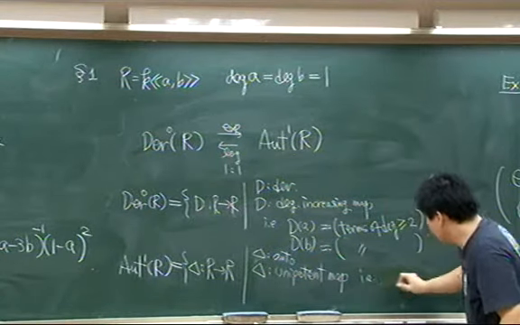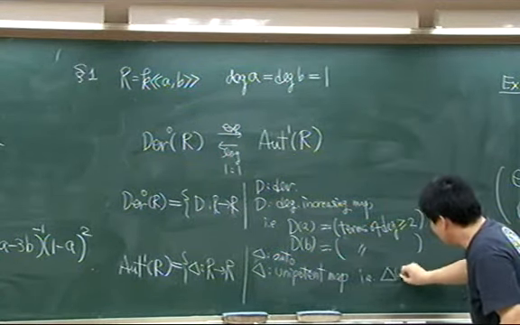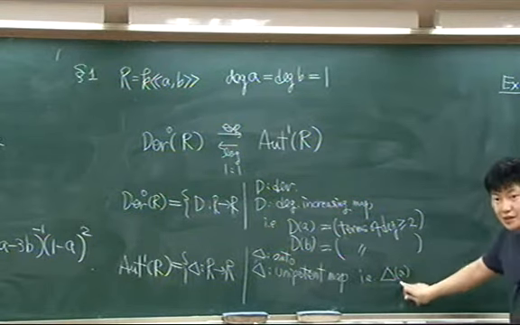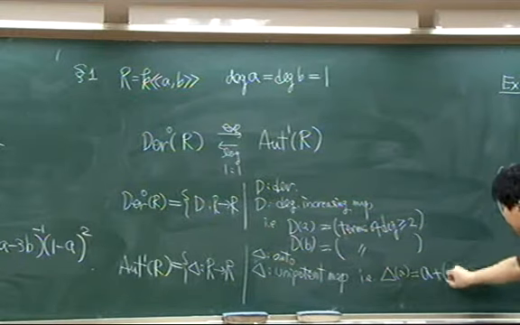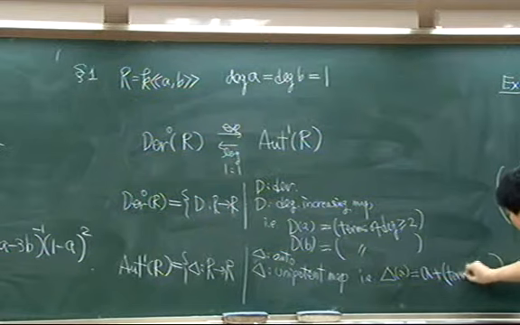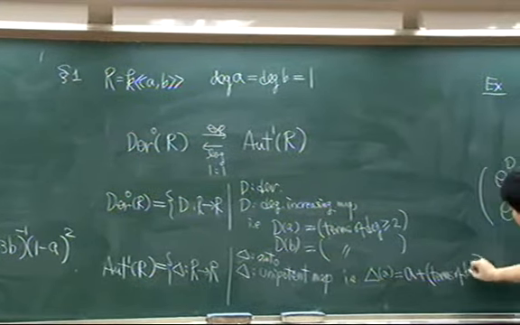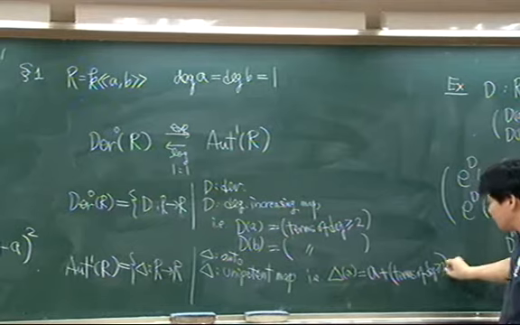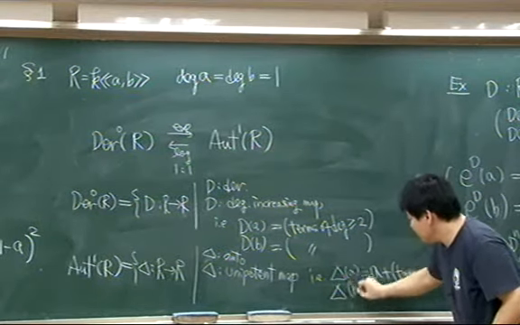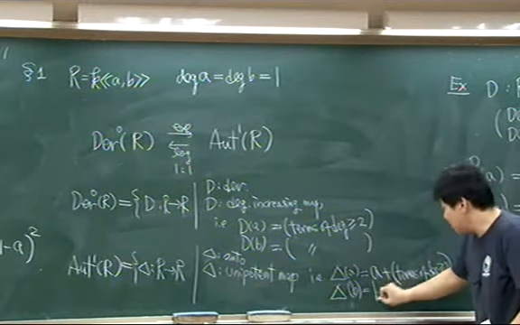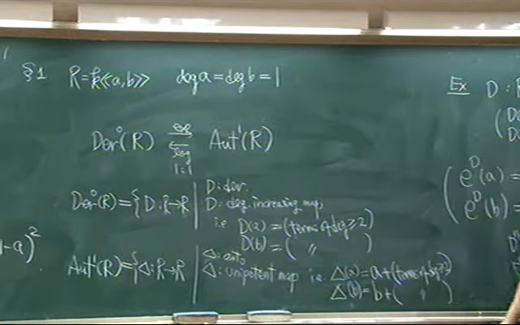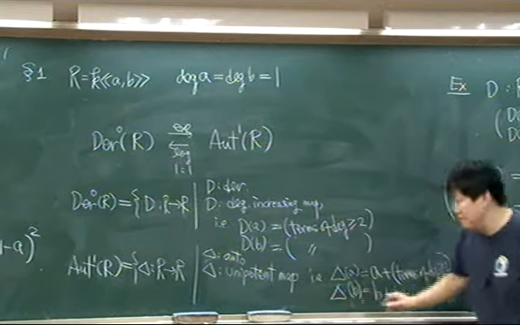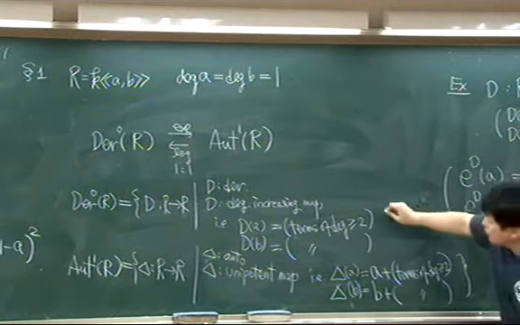Namely, delta of A, the image of A, is A plus higher degree terms, terms of degree larger than or equal to 2. Also, the image of B is B plus higher degree terms. This is the definition of unipotent. Or someone uses the term topologically unipotent map.